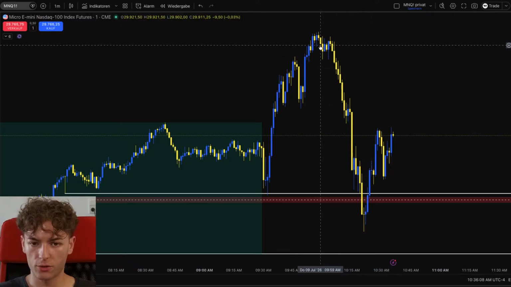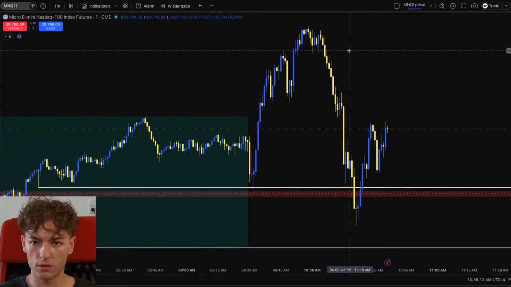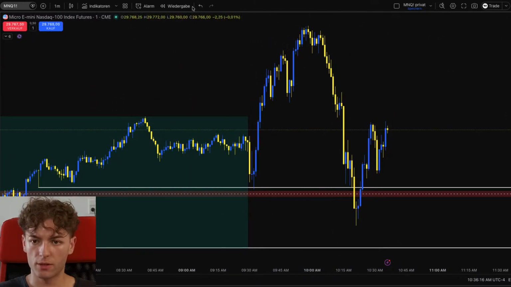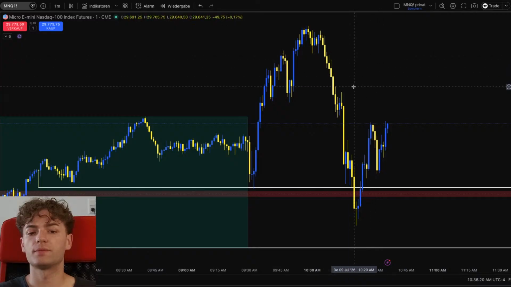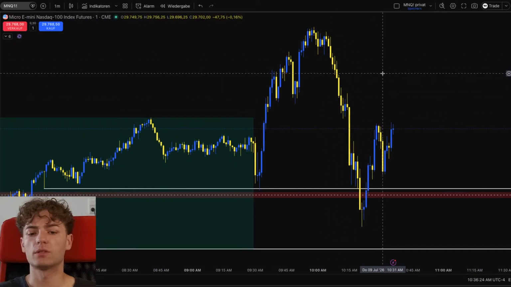and whereas NQ just dropped. I mean, yeah, there you have some entry opportunities, but my model didn't present itself in here. At least it was too quick.